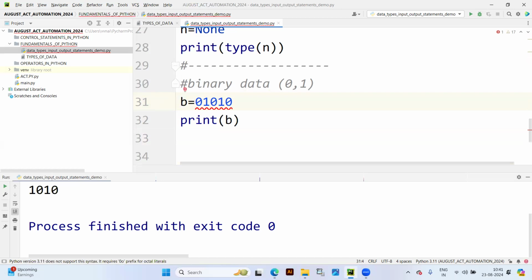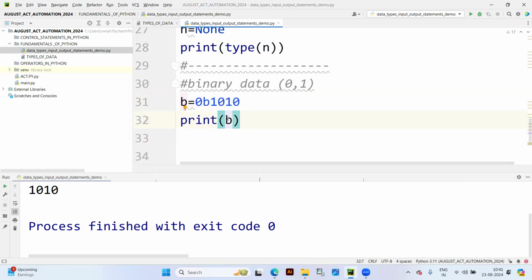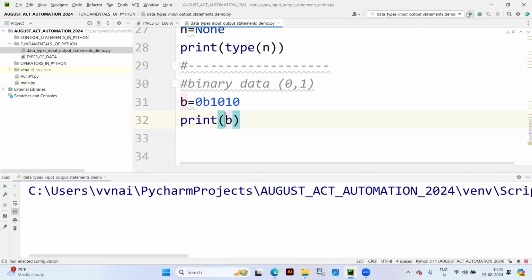Yes or no? Then followed by small b or capital B, then followed by the binary data. Now you see, if I print b, this 1010 will be treated as binary data. This will display 10 as a decimal data because a human can understand only decimal values, right? Yes or no? Therefore, you see the output.